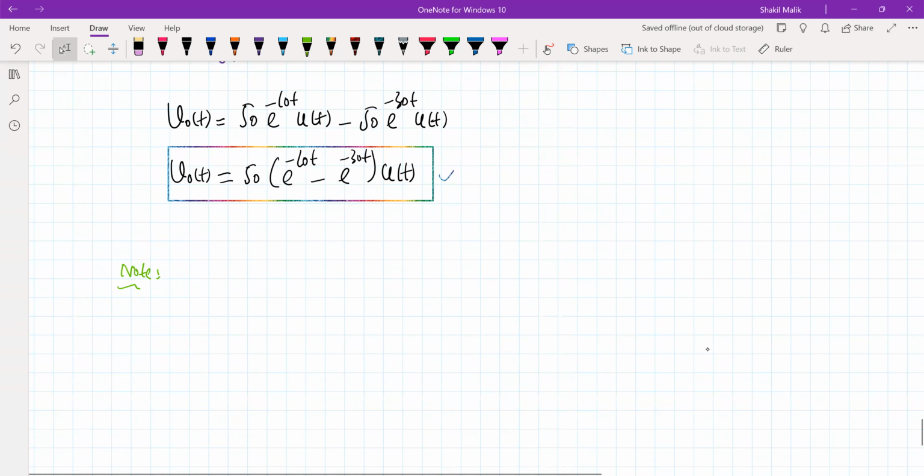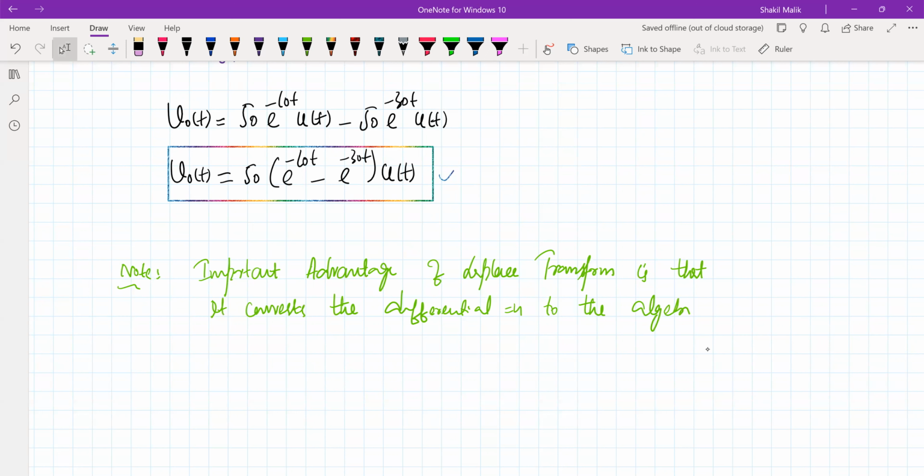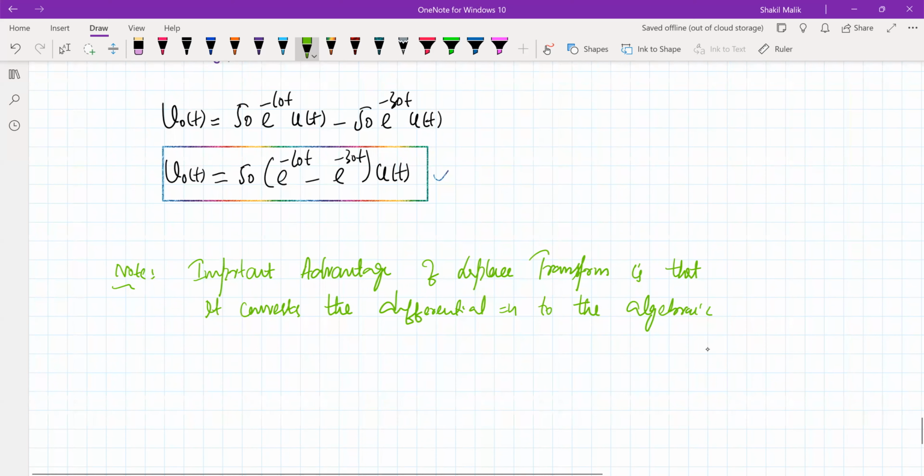The most important advantage is that it converts the differential equations to algebraic equations.